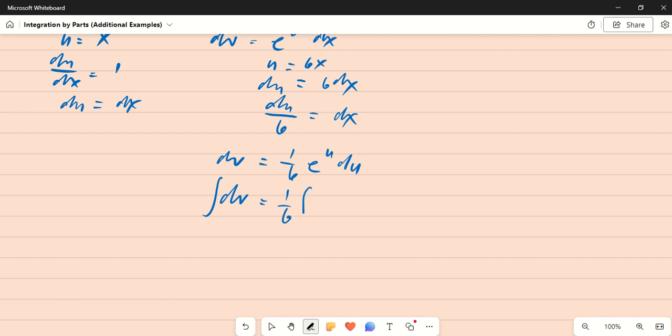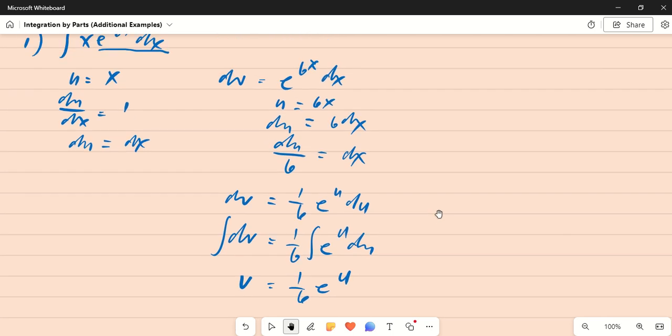You factor out the constant and then you get the integral of e raised to u du. So your v here is 1 over 6 and then the integral of e raised to u is e raised to u. Now, in applying integration by parts, here we are not going to add your constant c because that will be added in our final answer.